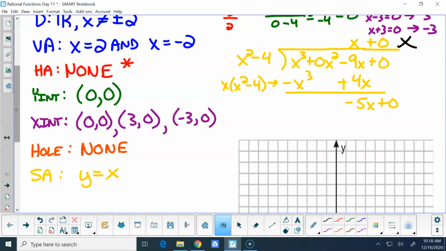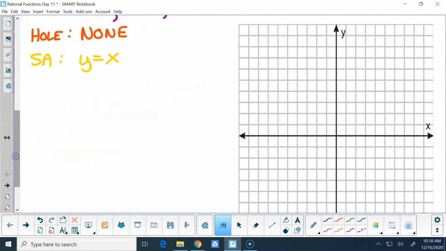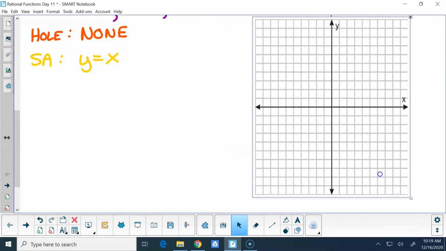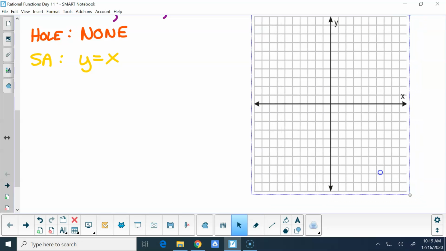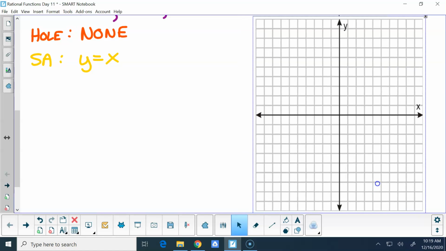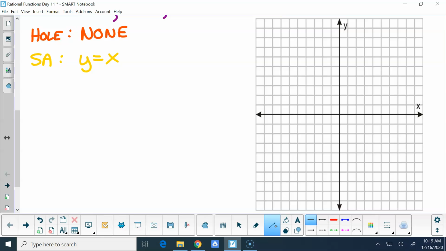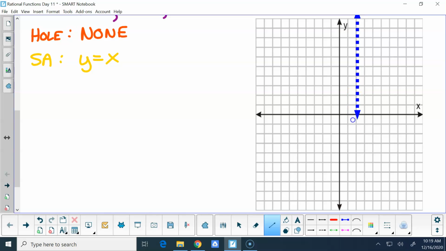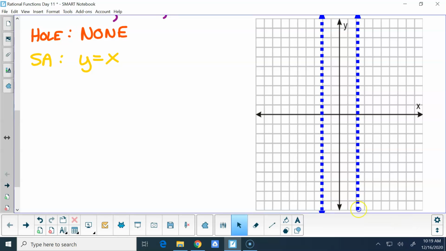All right. Let's put this on here we go. So we've got vertical asymptotes at 2 and negative 2.